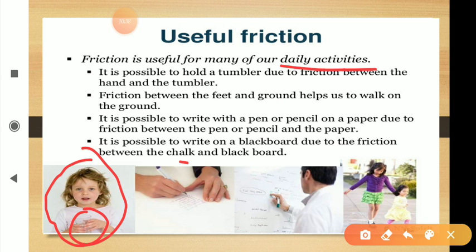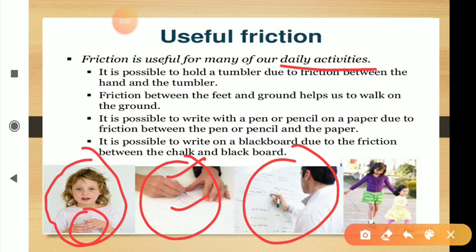If we are writing something on our notebook, then a friction is provided between our pen and the paper. If a teacher is writing on the blackboard, then a friction is provided between the chalk and the blackboard. Even if we are walking on a floor, a friction is provided between our foot and the floor.